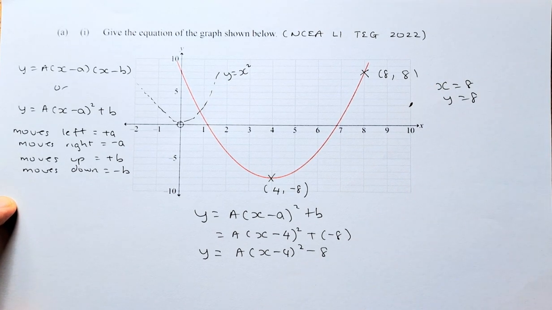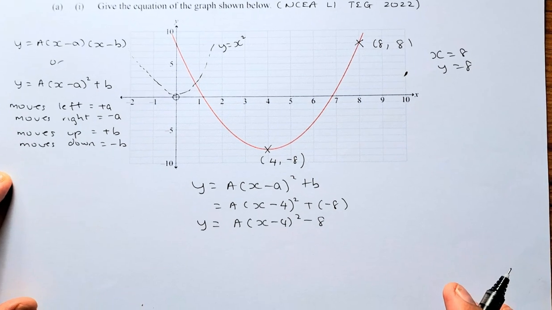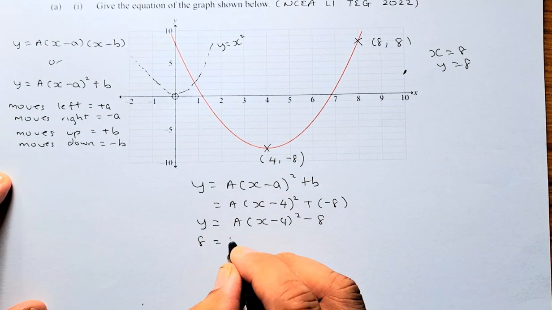So now we're going to substitute them. y is 8, a is what we want to find.